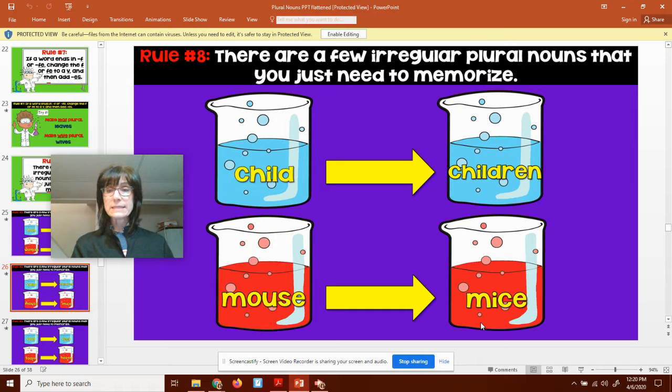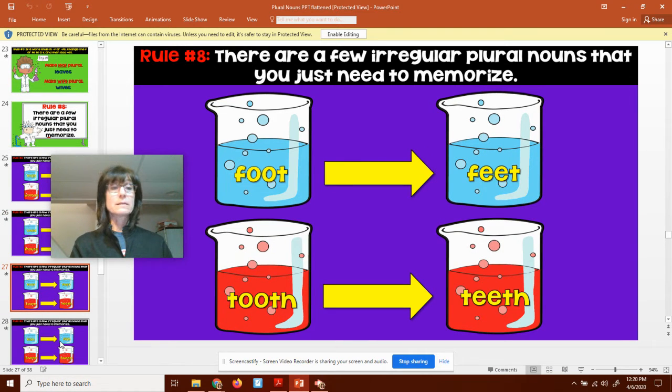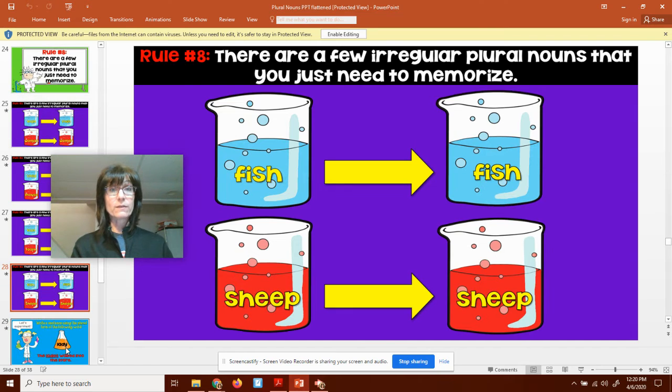Mouse becomes mice. Foot doesn't become foots. That doesn't make any sense and doesn't sound right. We have feet. A tooth becomes teeth. And I hope you're brushing them every night and every morning and after every meal.